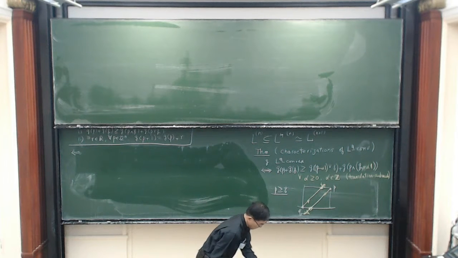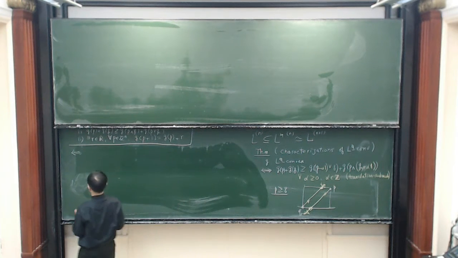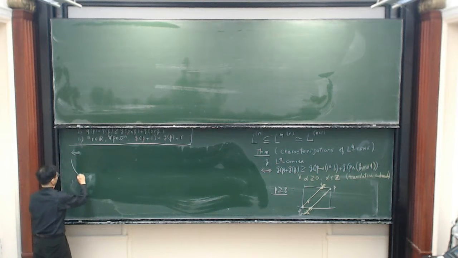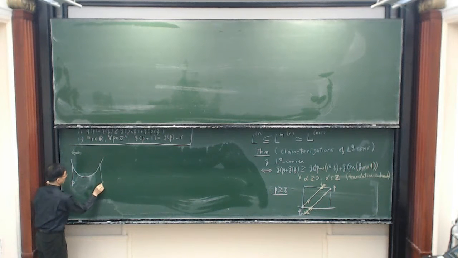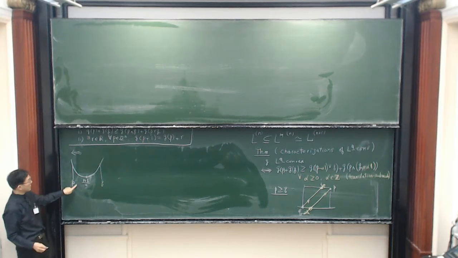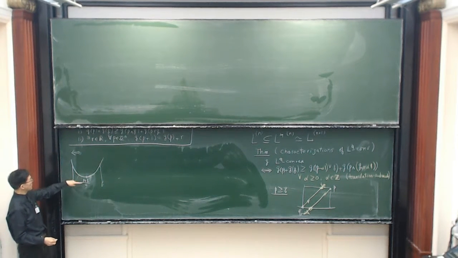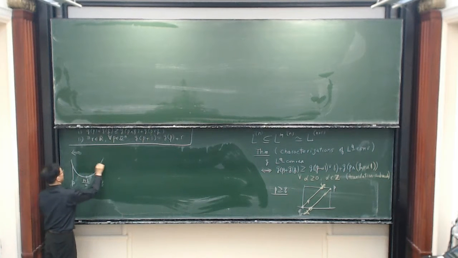The next thing is something like this. Imagine you have a convex function, P and Q, and you consider the midpoint. Then the function value should be smaller on average.